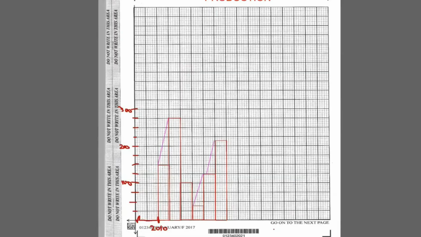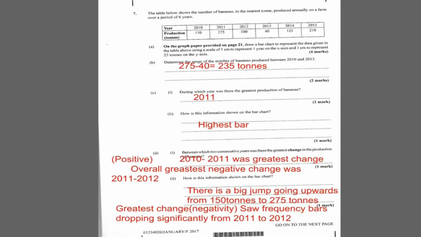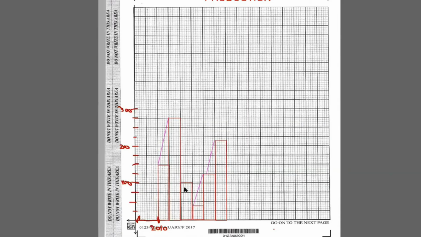And that's that. It says, give one reason why the bar chart is unsuitable for predicting the number of bananas produced in 2016. A bar chart cannot be used to determine future prediction. Why is a bar chart poor at this? Because a bar chart can only compare frequencies between each year, so there's nothing there to give an indication of how much we're going to have in 2016. The bar chart is pretty poor at predicting.